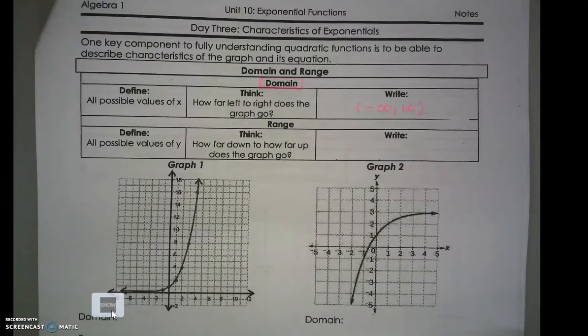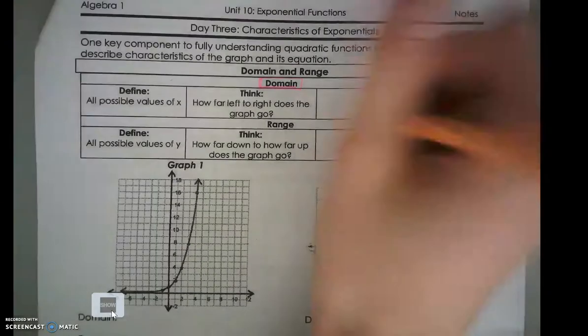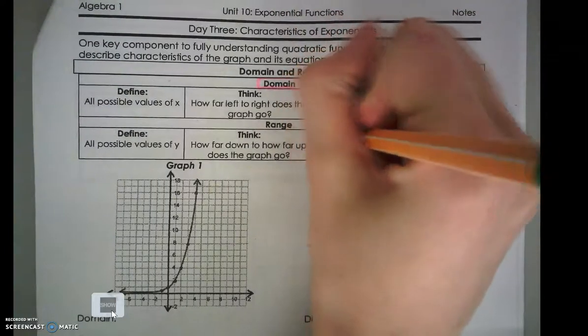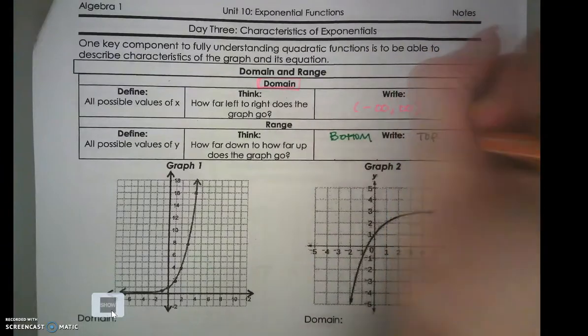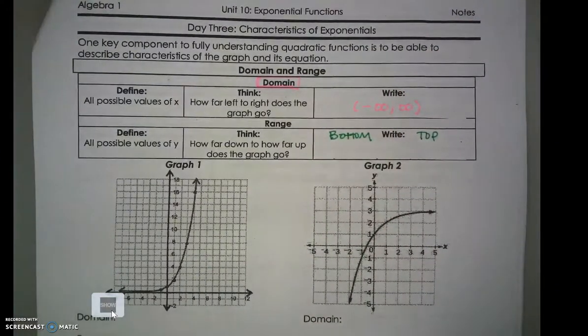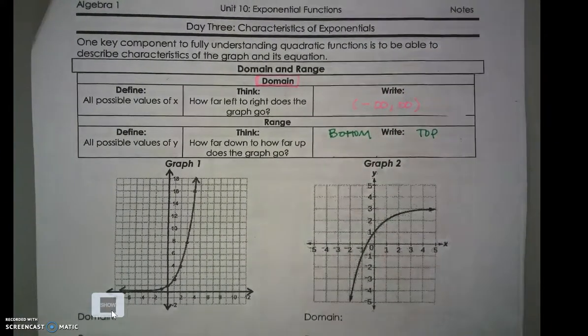My range is still going to go from bottom to top. So I want you to write yourself a reminder. You're going from the bottom of your graph to the top. So there's a couple of options that we have here.